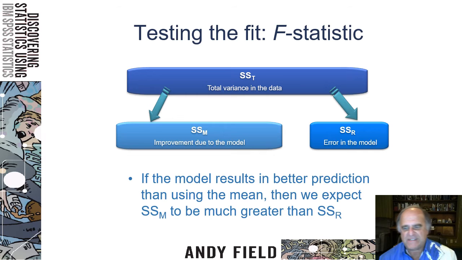If the model results in better prediction than using the mean, then we're going to expect that SSM would be large and much larger than SSR. So our model fit is going to be how SSM compares to SSR, and SSM and SSR make up SST, or the total variance in the data.